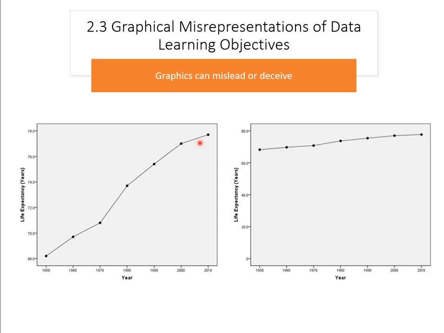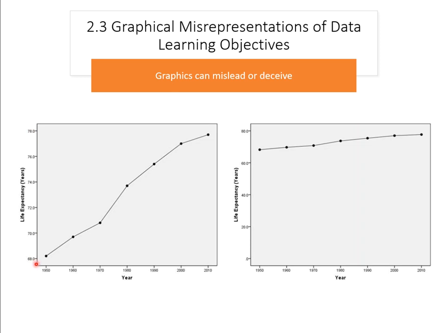But in reality, this graph on the left is only looking at the age range between 68 and 78, as life expectancy grew from 68 years to 78 years.